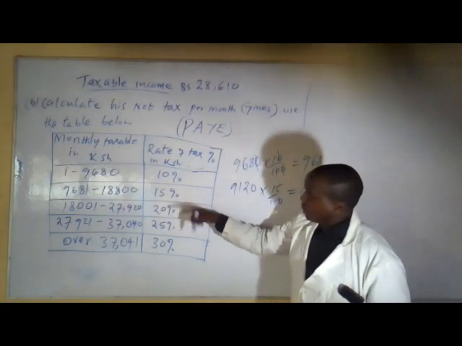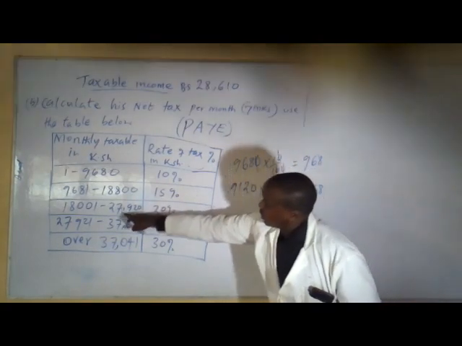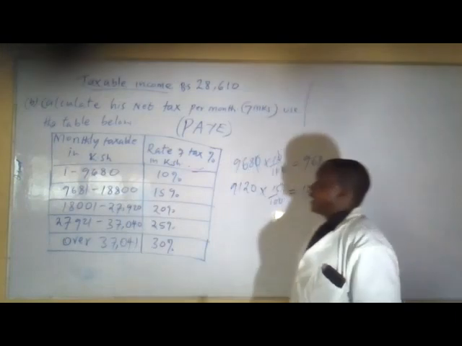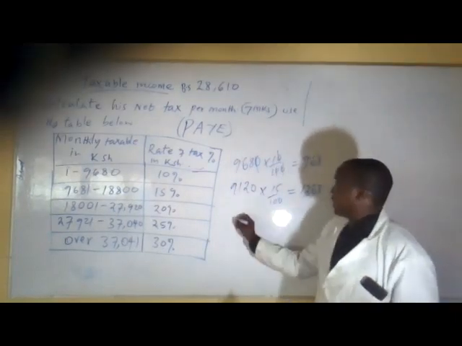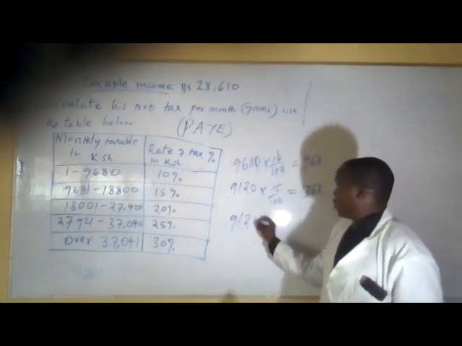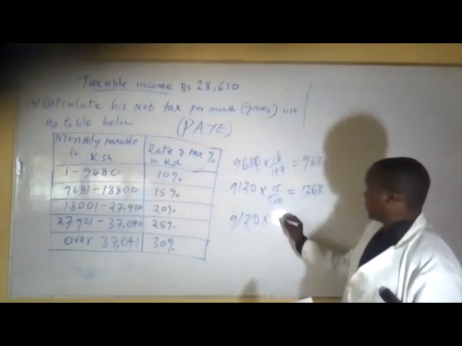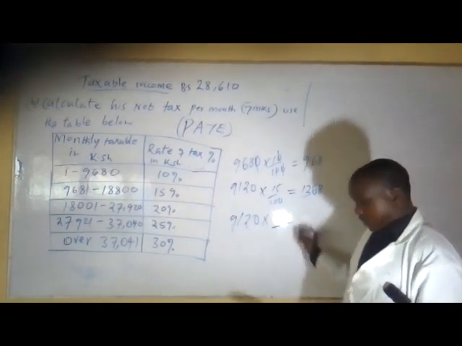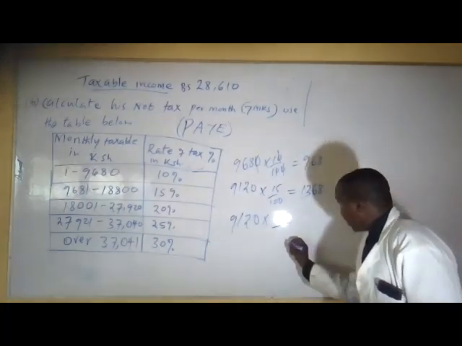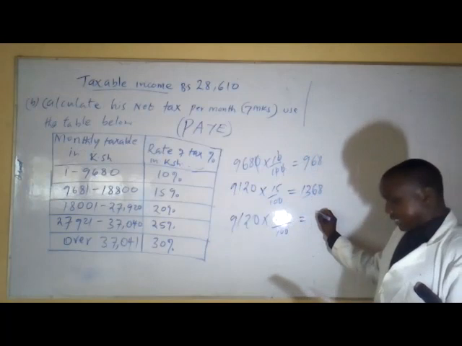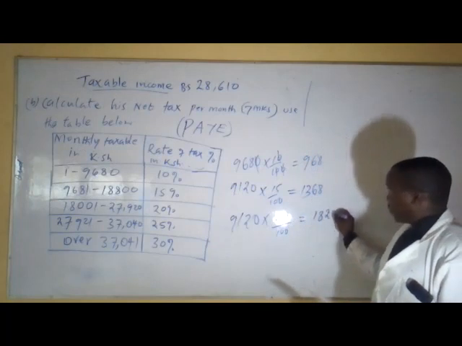For the next band, that is 27,920 subtract 18,800, which gives us 9,120, times the next rate, 20 over 100. This will give us 1,824.